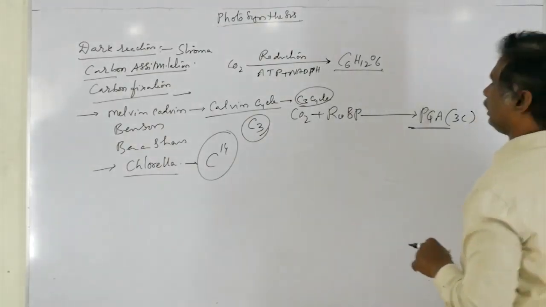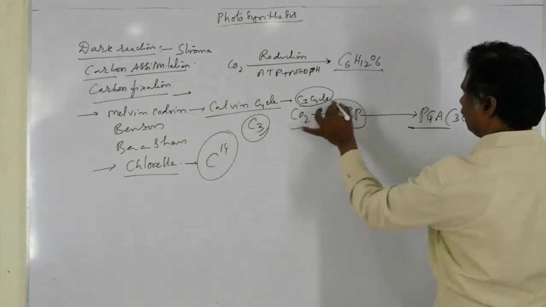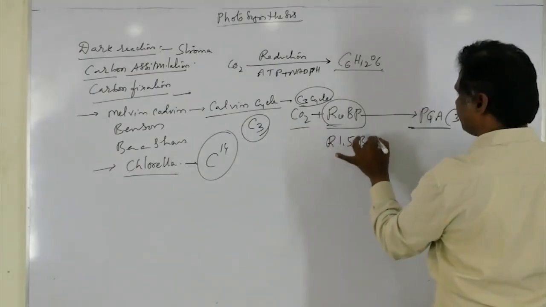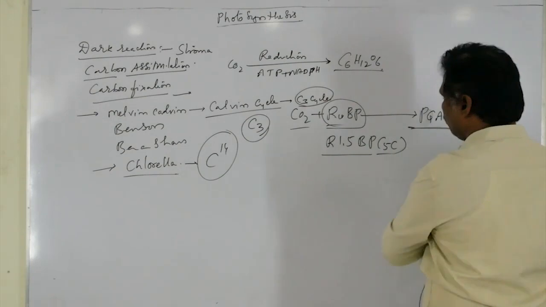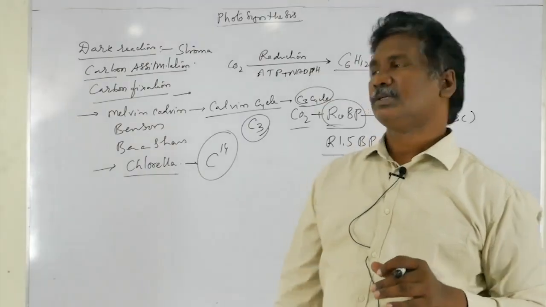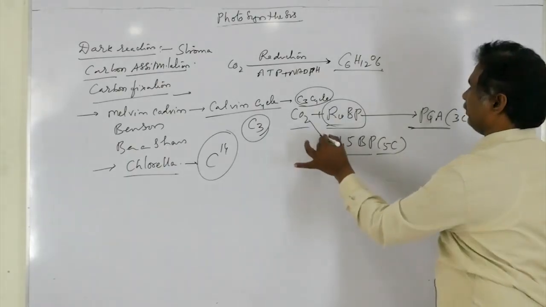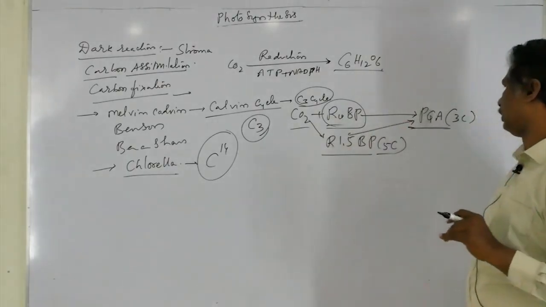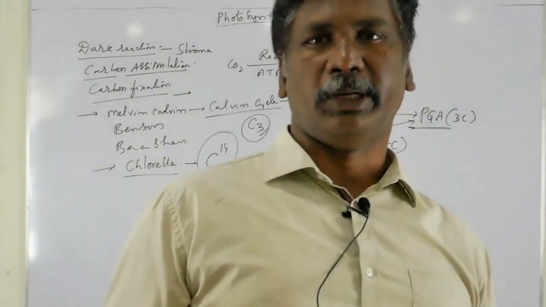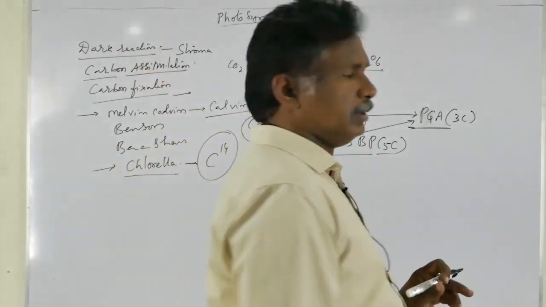Next, let us see how the Calvin cycle works. The primary acceptor of CO2 in the Calvin cycle is ribulose 1,5-bisphosphate, a pentose sugar with 5 carbons. The first formed compound is phosphoglyceric acid, which contains 3 carbons, hence it is called the C3 cycle.